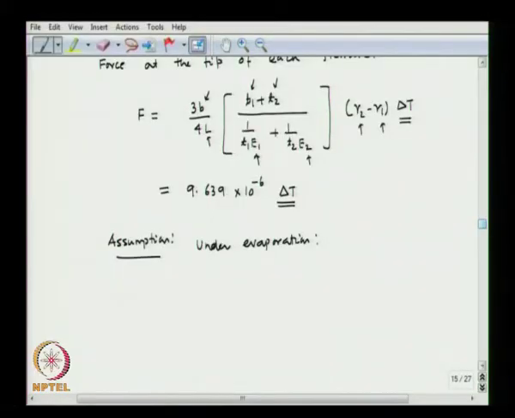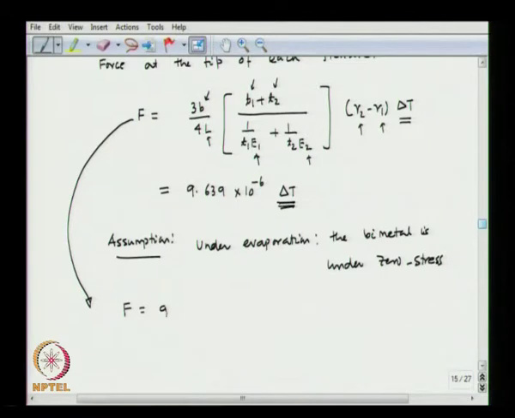So, under evaporation, the bimetal is under 0 stress. So, in that case we can calculate F for a given delta T. So, F will be 9.639 into 10 to the minus 6 into 400 minus 25. So, that will be 3.615 into 10 to the minus 3 Newton. Okay.